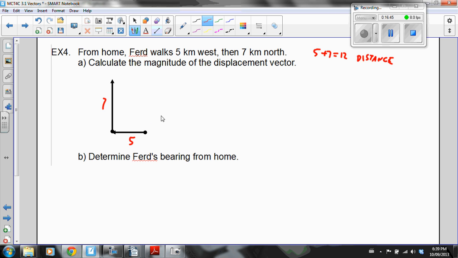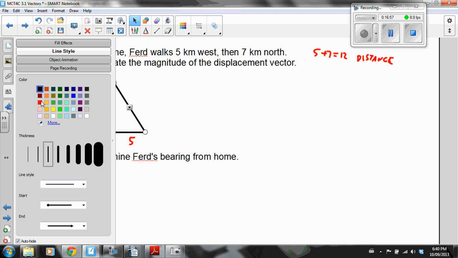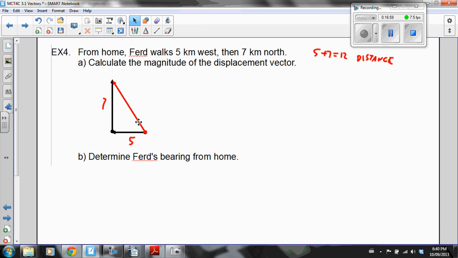He starts here, and he ends there. Right? I'm going to change the color of that baby. This is his actual resultant walk, right? So if I call that his displacement vector D, here we're just asked to find the magnitude of the displacement vector. Don't mind the phone if you can hear the phone.